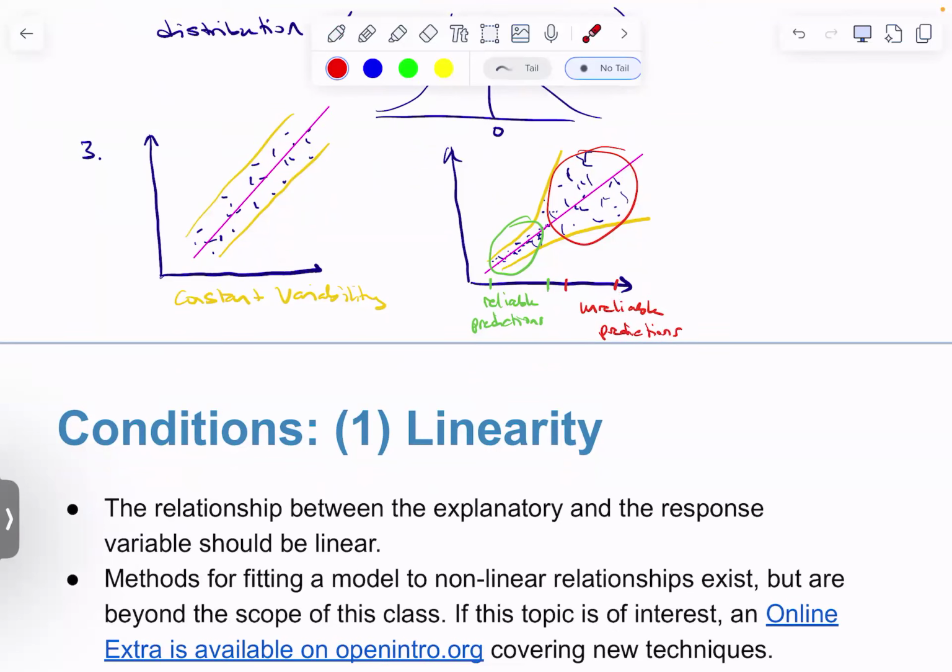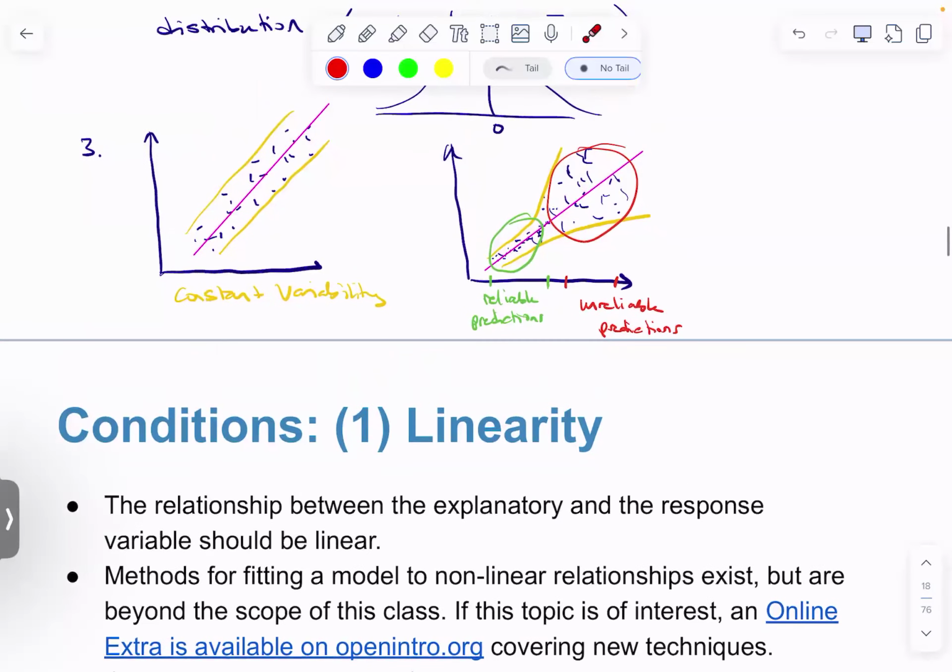The bummer is, unless we have a way to separate our data, right? Maybe these are two groups being modeled together that shouldn't be, so that can happen. But unless we have a way to split this data, we can't use this line to model the relationship because we don't have constant variability.